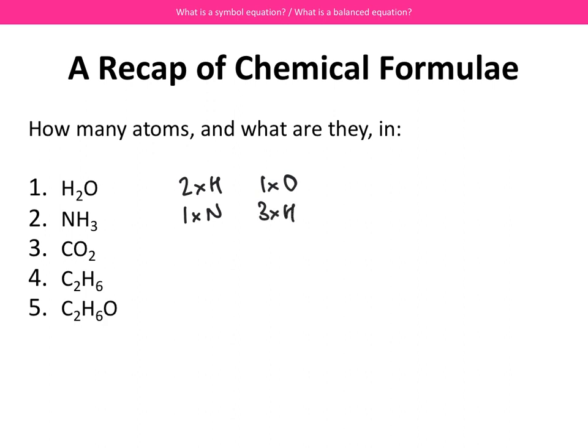CO2, no number after the carbon, so 1 carbon, 2 after the oxygen, so 2 oxygens. C2H6, so there is a 2 after the carbon, and there is a 6 after the hydrogen. And then C2H6O, there's a 2 after the carbon, there is a 6 after the hydrogen, and there is no number after the oxygen, so there's 1 oxygen.